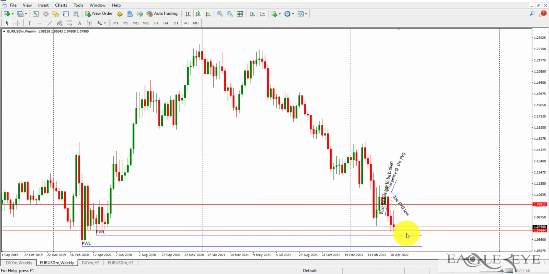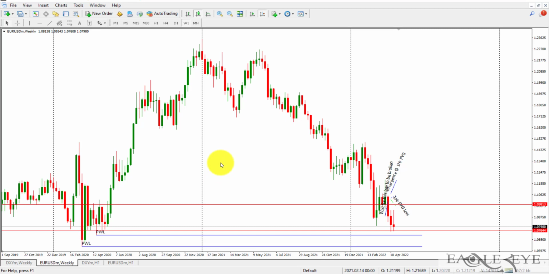So I'm still on that. The next targets on my USD trades are going to be this particular low, and then this particular low over here.